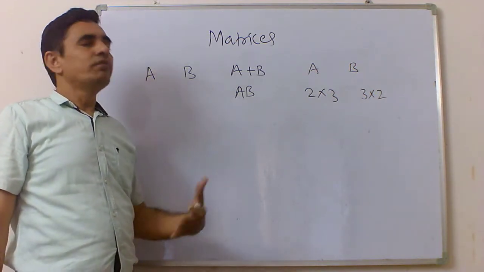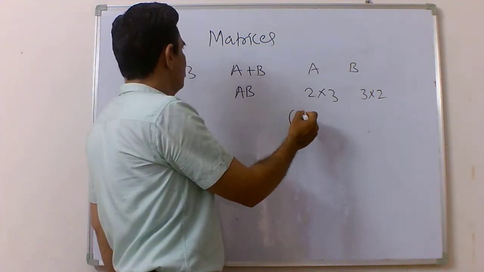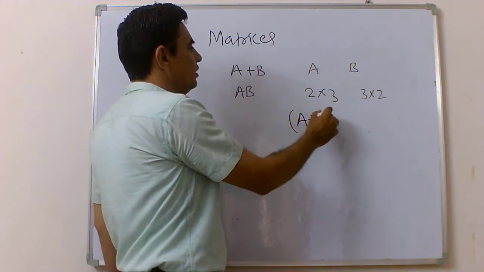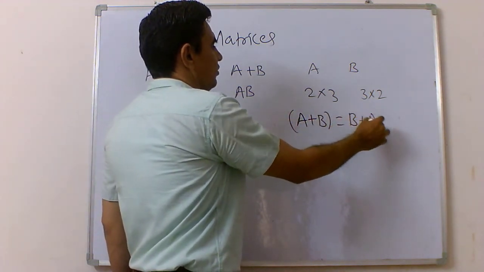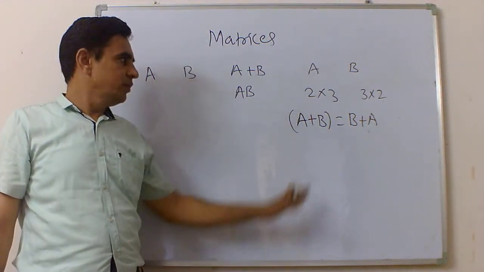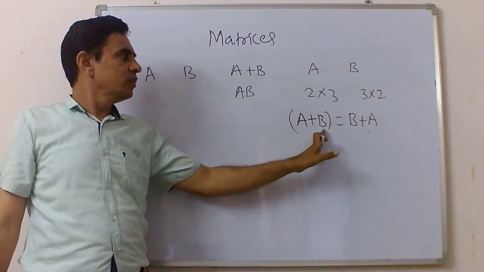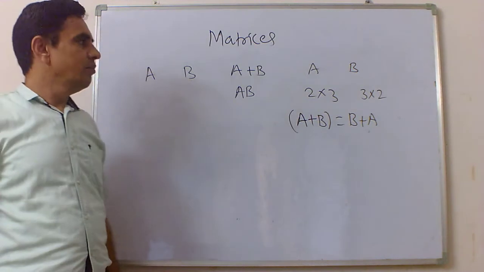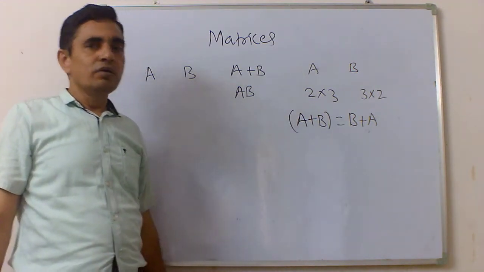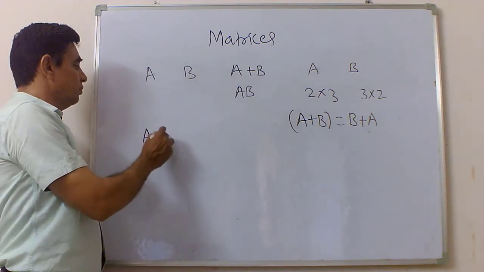In this way, we take the addition of two matrices, and we have also seen the properties of addition. A plus B is equal to B plus A, which means addition of two matrices is commutative. If we take A plus B and B plus A, both matrices are the same, which means addition of matrices follows the commutative property. After that, we see an important point, that is how to take the product of two matrices.